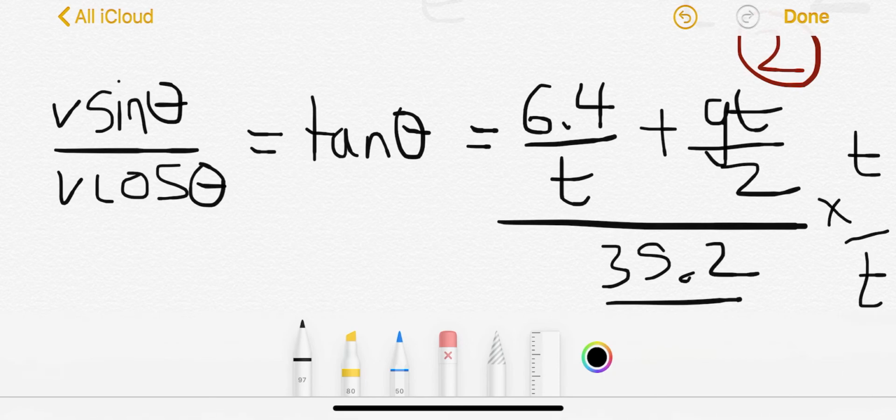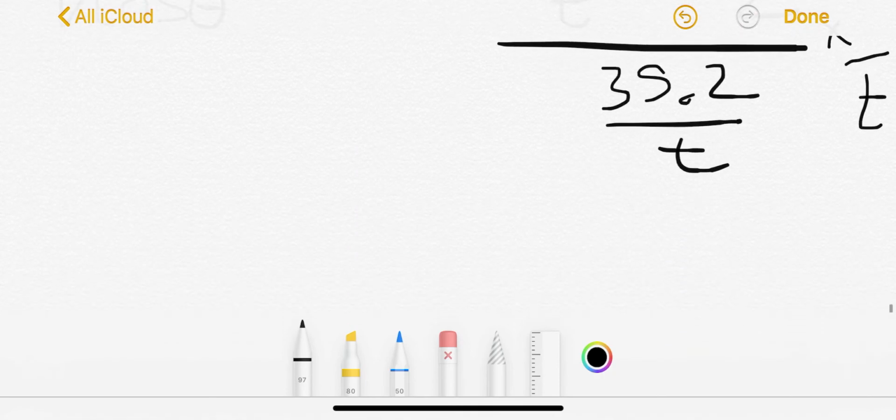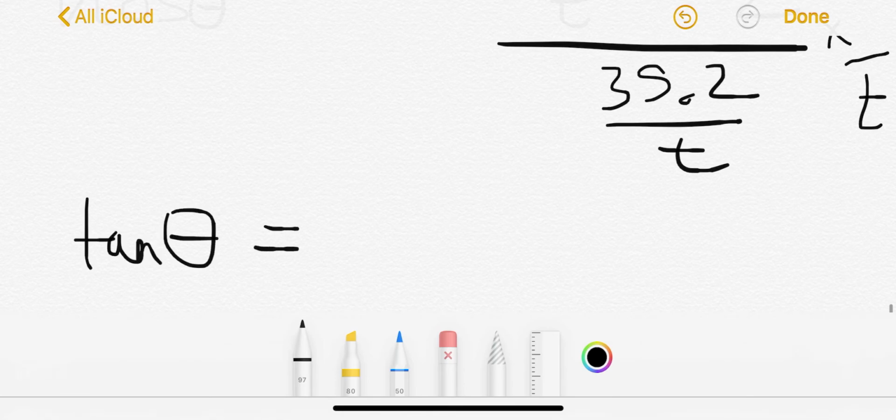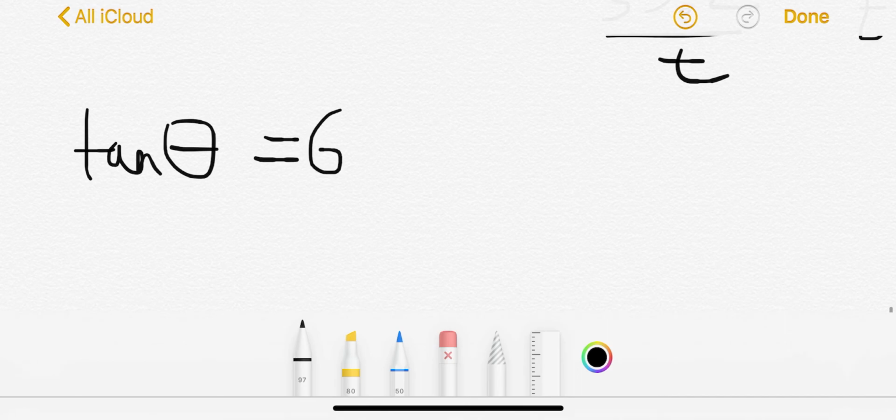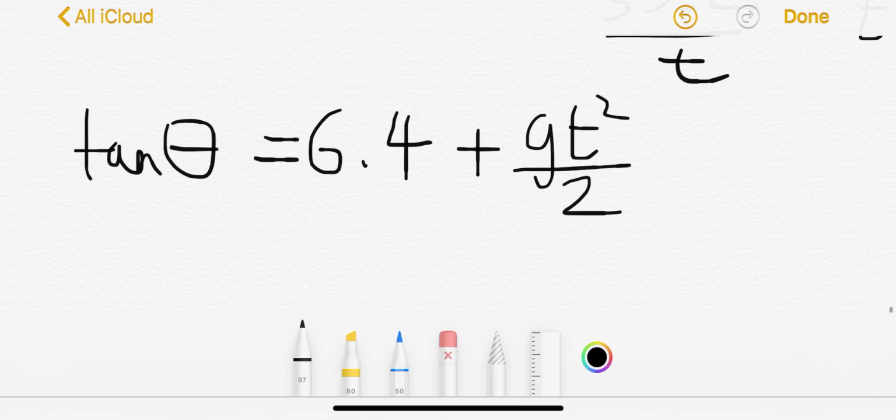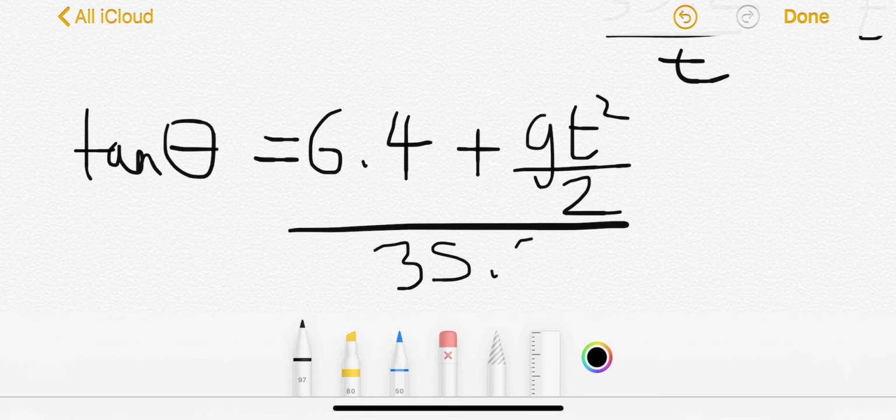So actually, what do we end up getting there? We end up getting tan theta equals 6.4 plus g t squared over 2, all divided by 35.2.